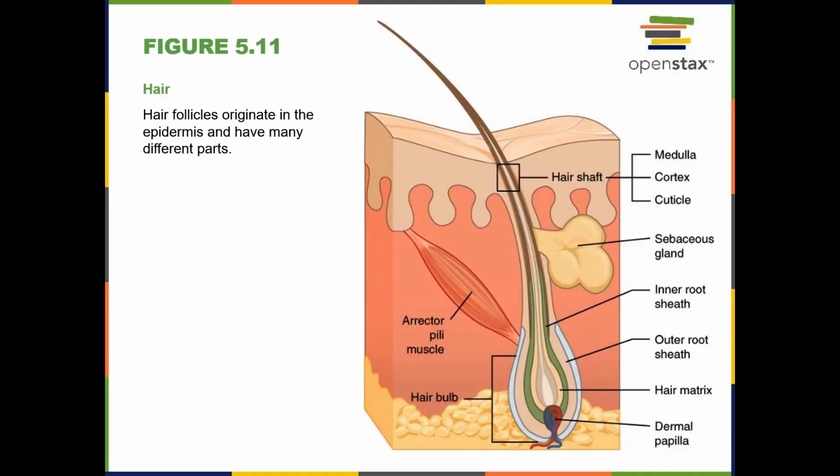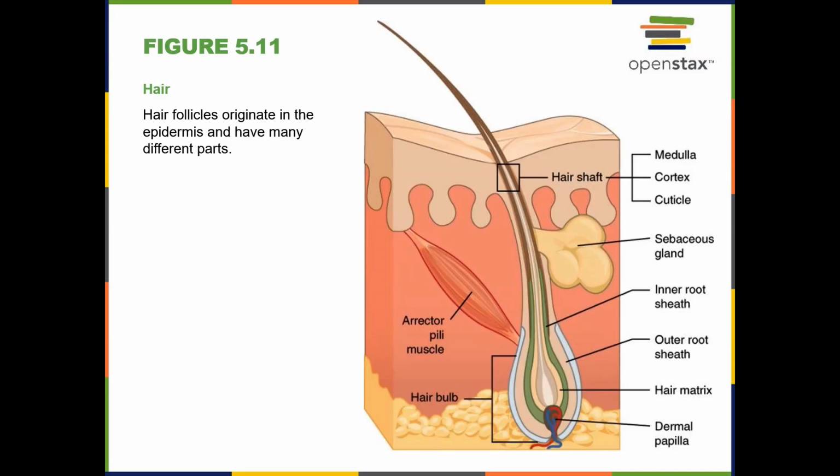The hair shaft is the exposed part of the hair that's not anchored to the follicle, whereas the rest of the hair, which is deep underneath the skin, anchored into the follicle, is known as the hair root.